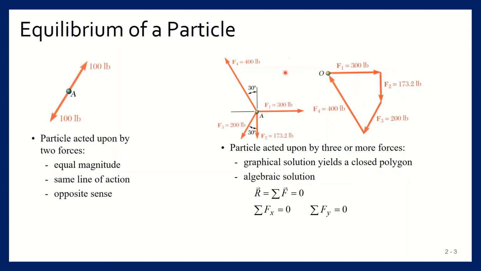That means all the forces that are acting on this particle should form a closed polygon. Only then the resultant will be zero. So if you use the graphical method, then if you start from one force and keep on drawing the other forces, you will end up at the starting point.